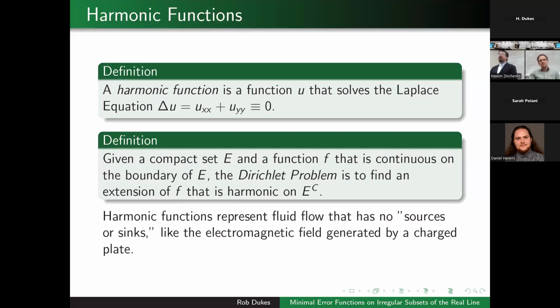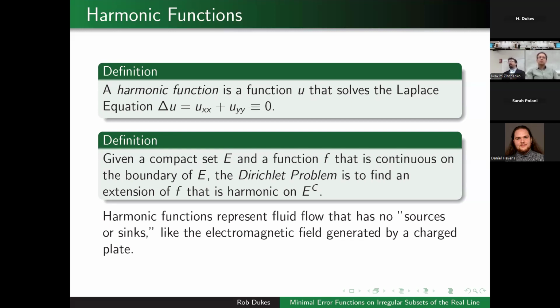Laplace said we want an equation where the second x derivative plus the second y derivative is always 0. And these represent functions, they represent a fluid flow that has no sources or sinks.